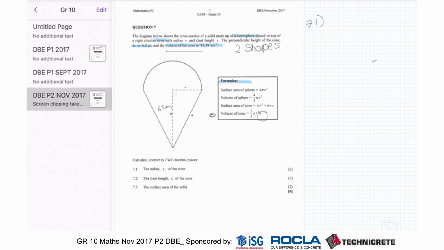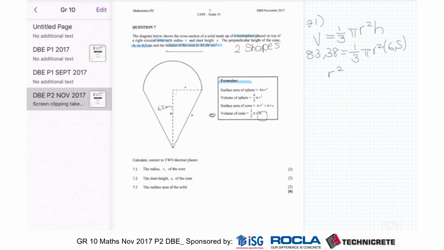So let's say volume is equal to 1 over 3 pi r squared height. My volume is 83.38. 1 over 3 pi r squared height is 6.5. We're going to change and find for r squared.